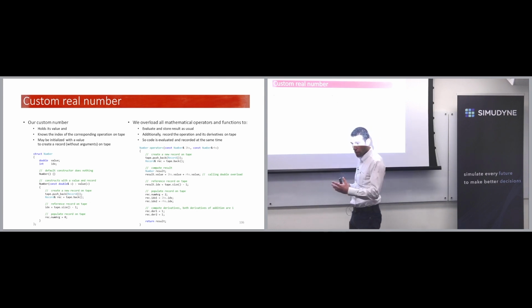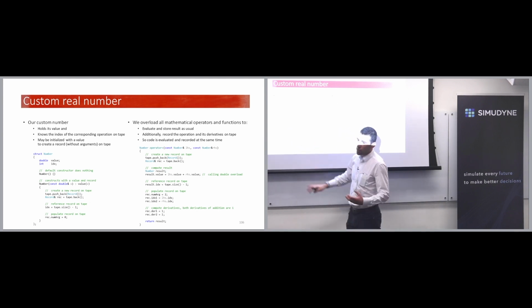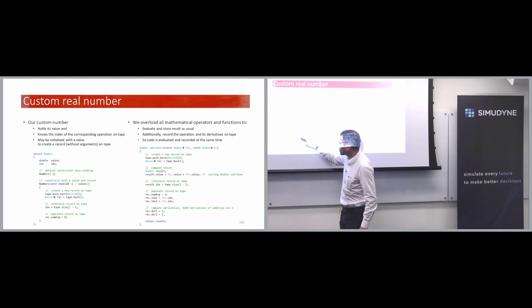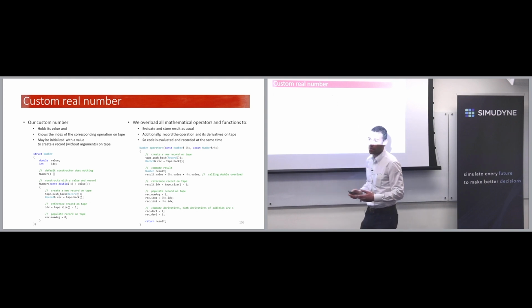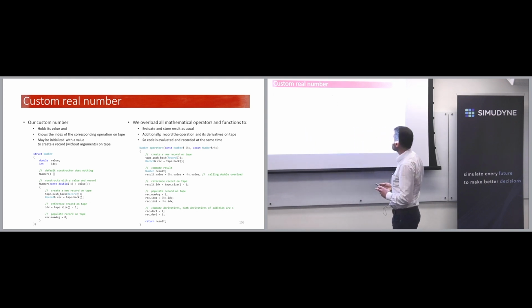This is a leaf in the calculation graph. This is an input, since it's initialized with a given number, right? And I just say that the index is the size of a tape minus 1. Why is it the size of a tape minus 1? Well, because I just created a new record on tape for this number, right? So its index on tape will be the last entry of a tape, so it's size minus 1. That's it for now for the number type.